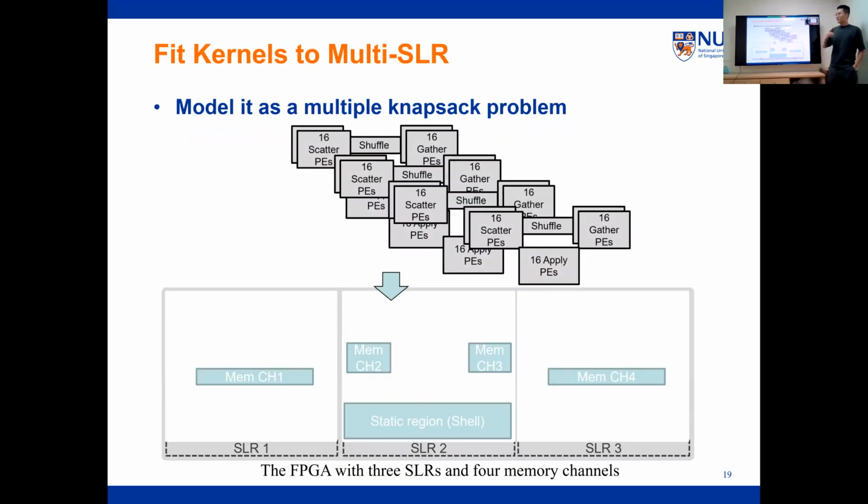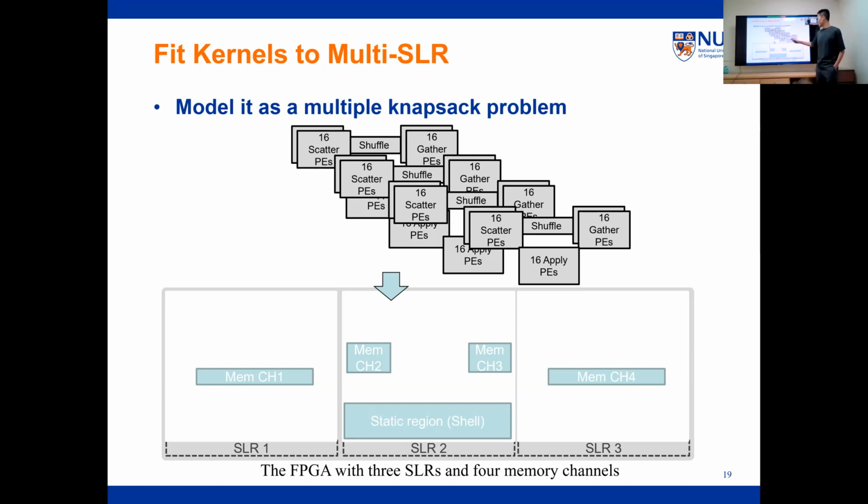So then we try to fit these kernels into multiple SLRs. Basically, we model it as a multiple knapsack problem, because different SLRs have different capacities, since some static region occupies a lot of resources here. And also different kernels have different footprints. So we model it as a multiple knapsack problem.